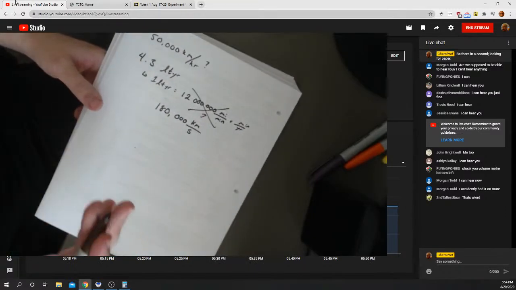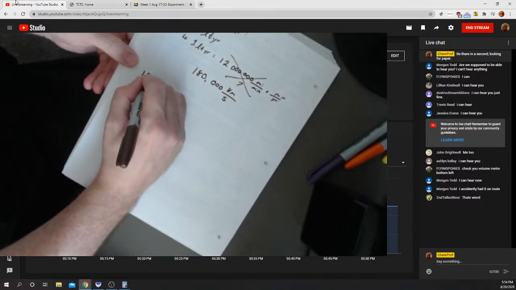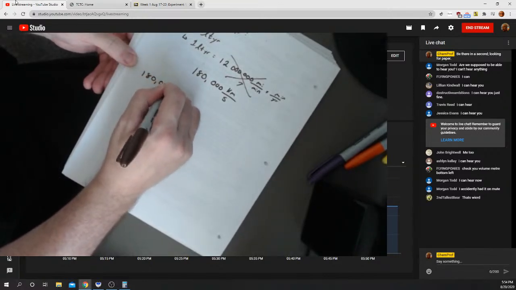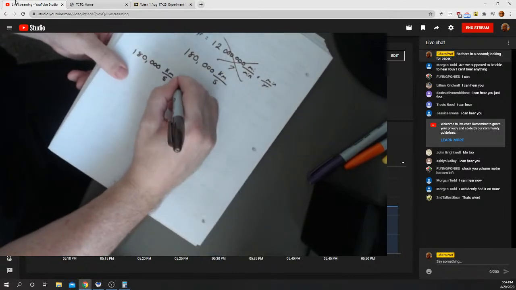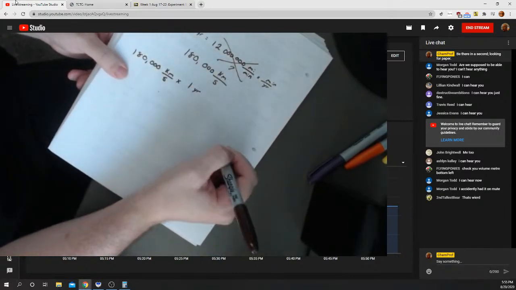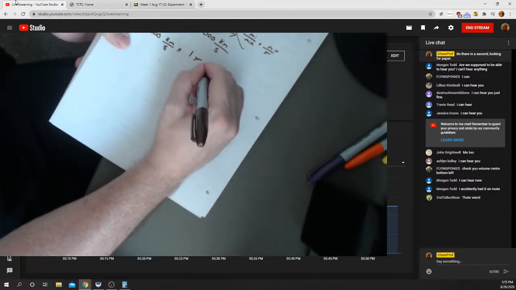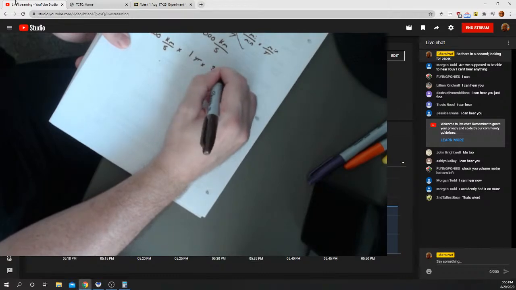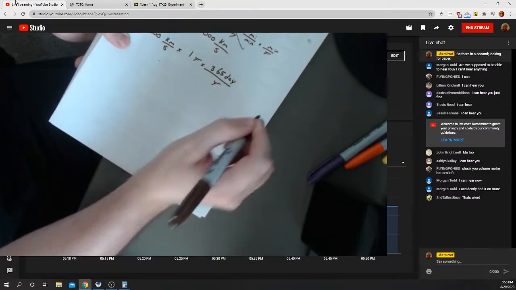So how long is a light year in kilometers? Okay. Well, light travels 180,000 kilometers per second times 1 year. Well, that doesn't do us any good. We need to get rid of years. Well, there are 365 days in 1 year.